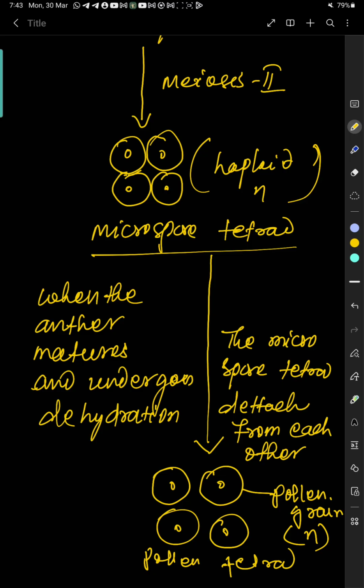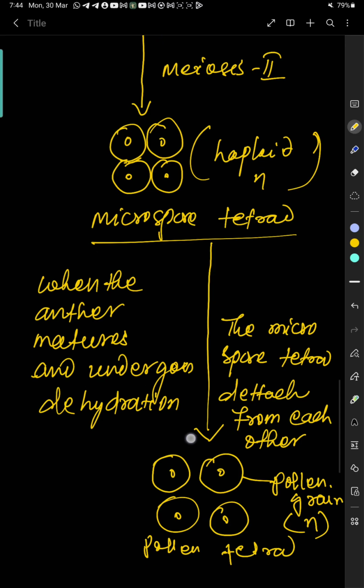So remember this, children, numericals are asked on this. One cell of sporogenous tissue forms 1 microspore mother cell, and 1 microspore mother cell forms 4 microspores or 4 pollen grains. At the end I am going to give you the homework. I think it is clear to you.